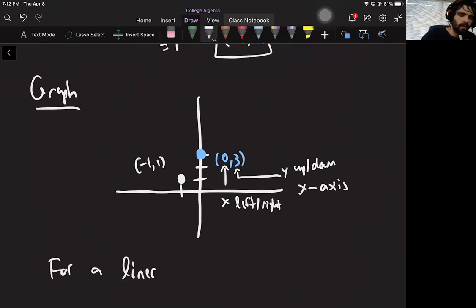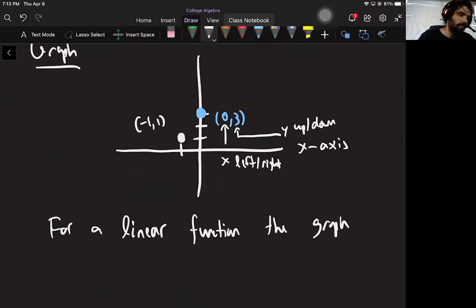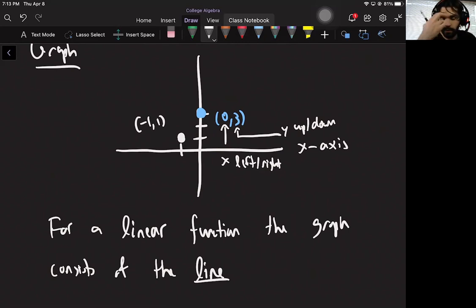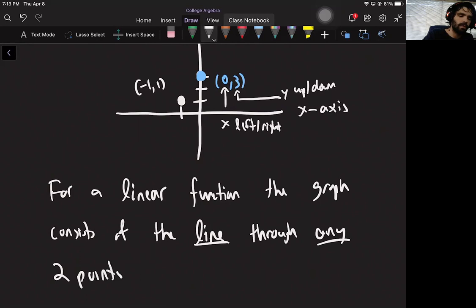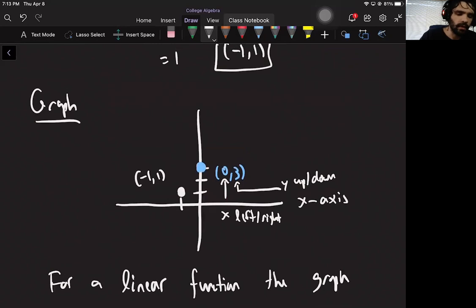For a linear function, the graph, all the other points, all the points, consists of the line, hence the name linear function. So it's just going to be a straight line through any, so I could have picked any 2 points. So what this means is, as soon as I have 2 points, I know the entire graph. The entire graph is the straight line through those 2 points.